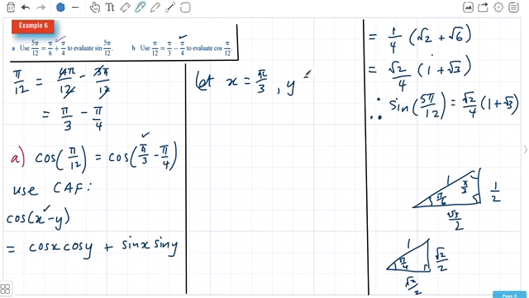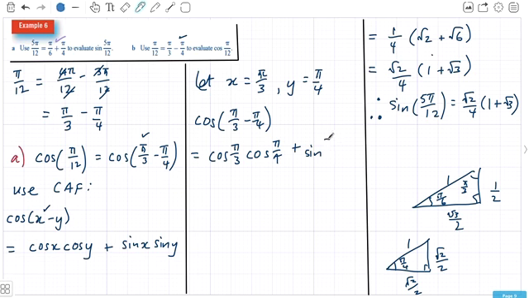And let y equal pi on 4. So now we've got cos of x take away y, x is pi on 3, y is pi on 4, equals cos of x, cos of pi on 3, cos of y, so we know what y is, plus sine of x, which is pi on 3, and sine of y, which is pi on 4.